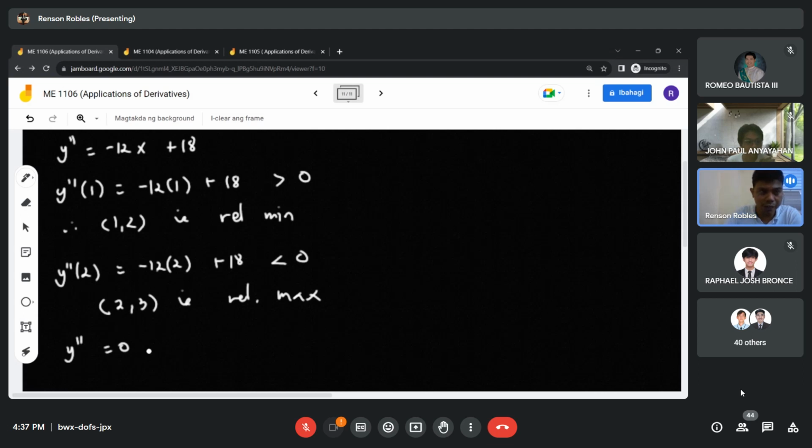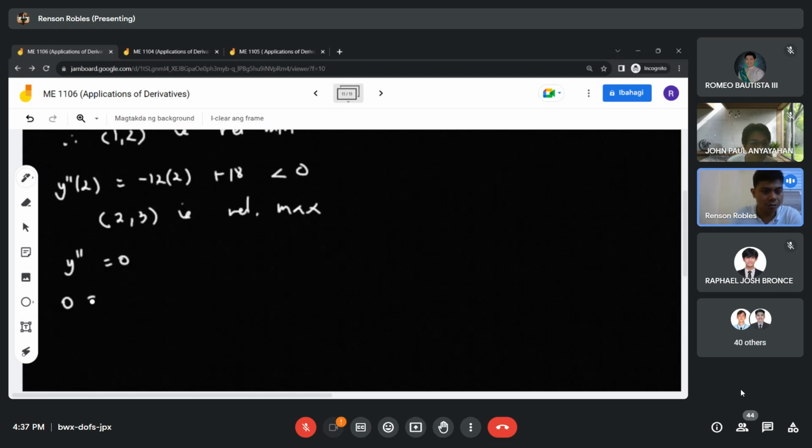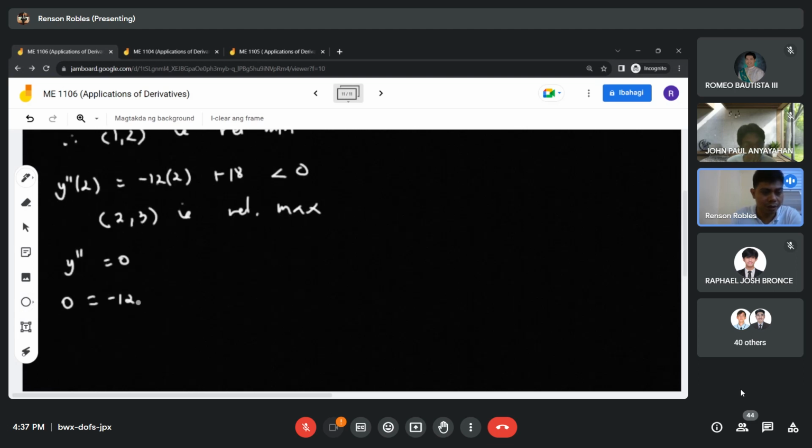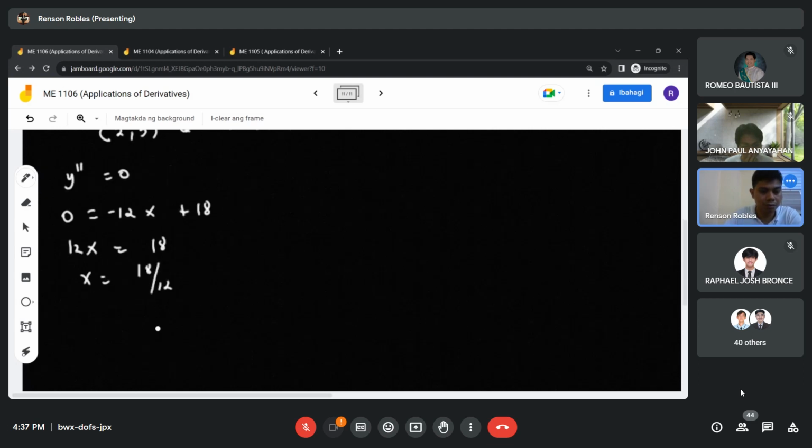The point of inflection pala, sorry. So 0 equals negative 12x plus 18. Or 12x equals 18. X is 18 over 12. You divide this by 6. X equals 3 halves. Okay?